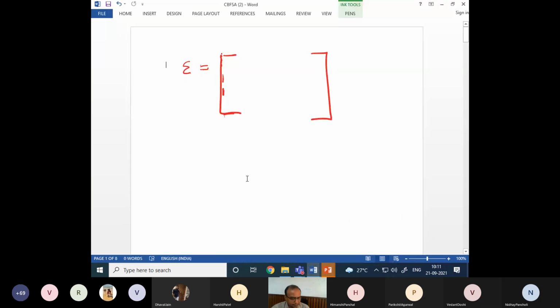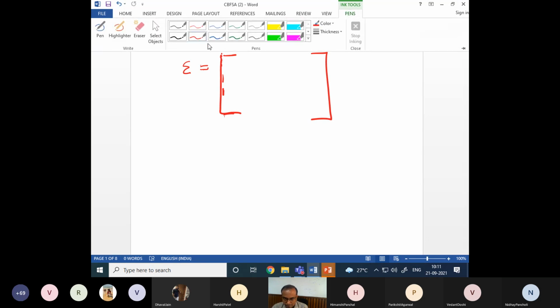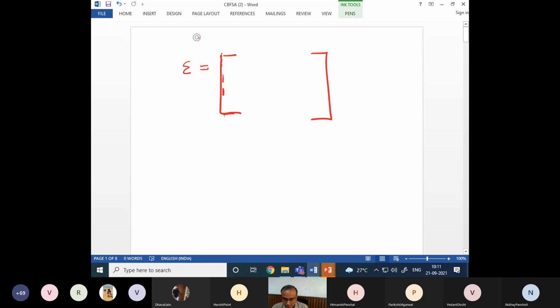So the matrix has diagonal elements 0.01, 0.02 and 0.008, and all others are 0.